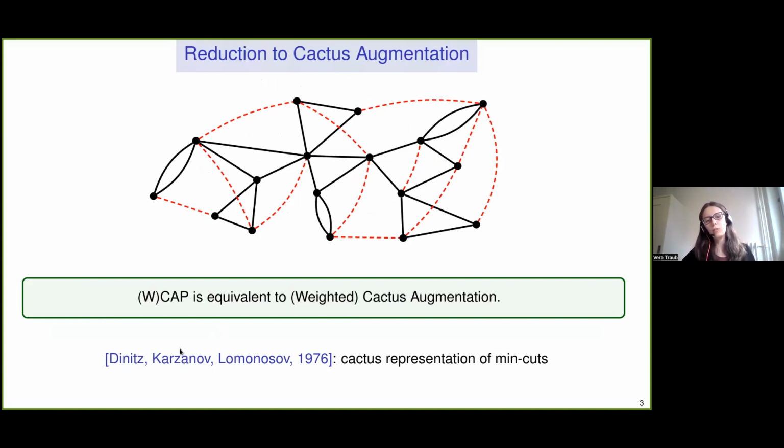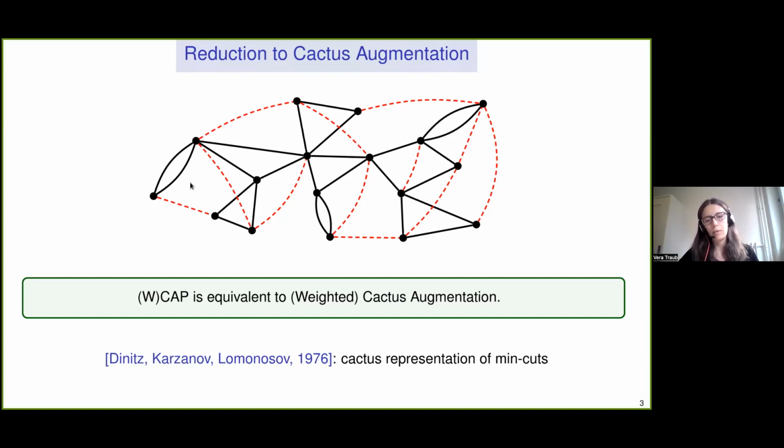And so essentially what follows from this classic result is that we may assume, instead of looking at a general graph G, that the graph G that we are given at the beginning is a cactus graph. So here in this picture, you see such a cactus graph.